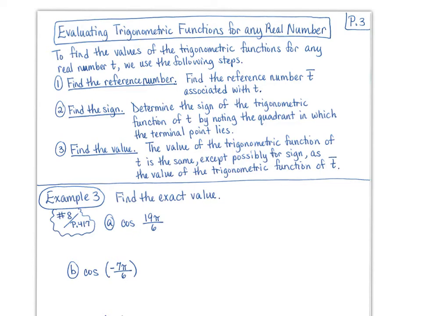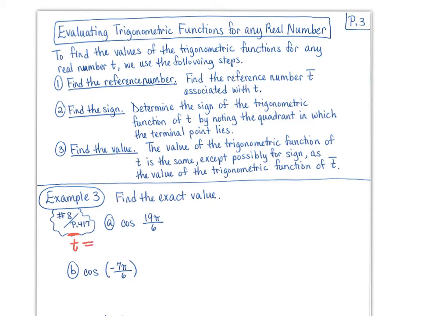Given cosine of 19 pi divided by 6, what is your reference angle? What's your t bar? Come on, you're experts at this now, right? You worked through the homework. What's the reference angle? Pi over 6. You got it.